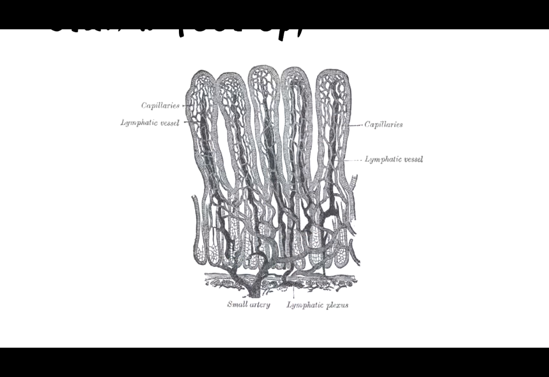As I have said, surface area plays a role in drug diffusion. In this diagram we can see a diagram of duodenal villi and microvilli. In the duodenum there are so many villi and microvilli which make a very large surface area.